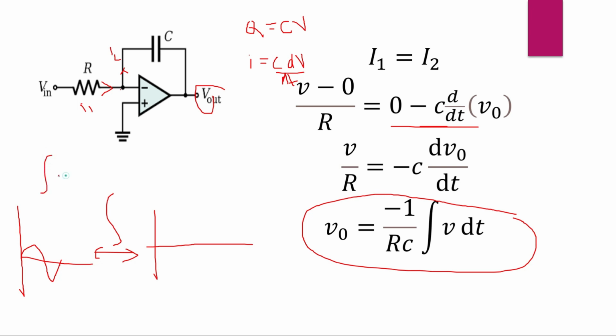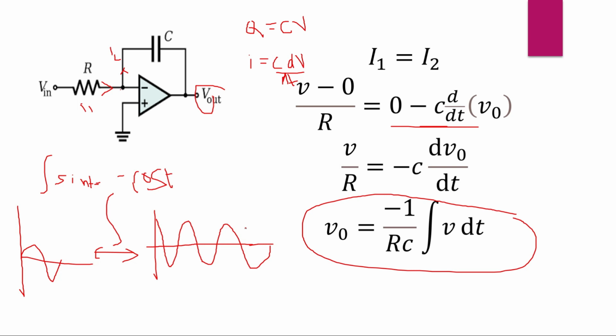The integral of sin t is minus cos t, right? But because we are already using the inverting configuration, we do not get the inverted output minus cos t; we will get the positive, because minus of minus gives plus. In this way we get the output.